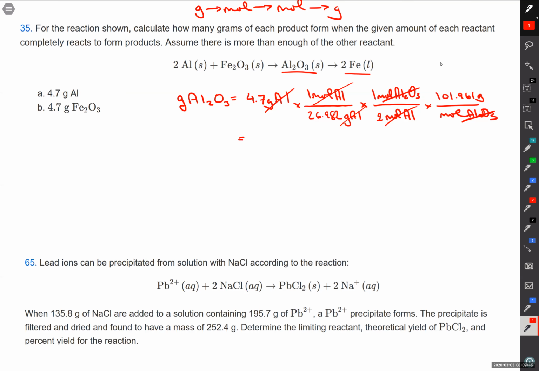Okay, so I'll do this one just to double check. 4.7 divided by 26.982, divided by 2 times 101.961. Like 8.88.